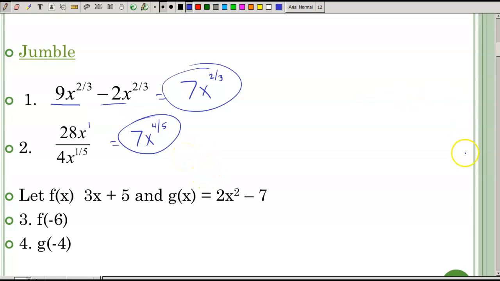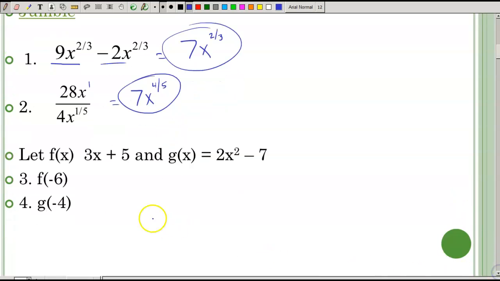Number 3, we're trying to find f of -6. Let f of x equal 3x plus 5, and g of x equal 2x squared minus 7. Well, what is f of -6? This is just function notation, where we take -6 and plug it into f.